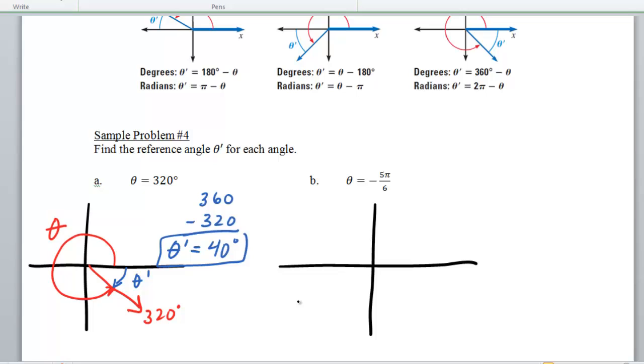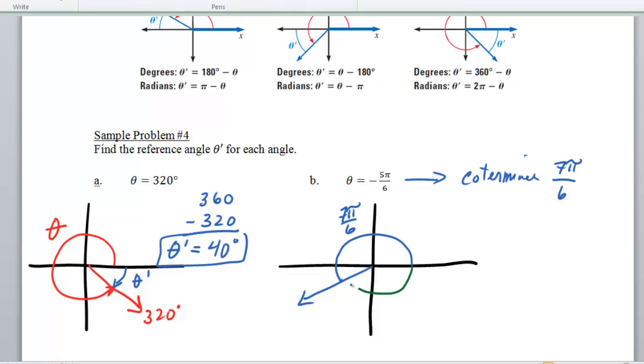Well, we can subtract that from 2 pi, and what we can figure out is that it's coterminal with 7 pi over 6. So that angle is going to come around to about right there. So this is 7 pi over 6, which is our coterminal angle of negative 5 pi over 6.